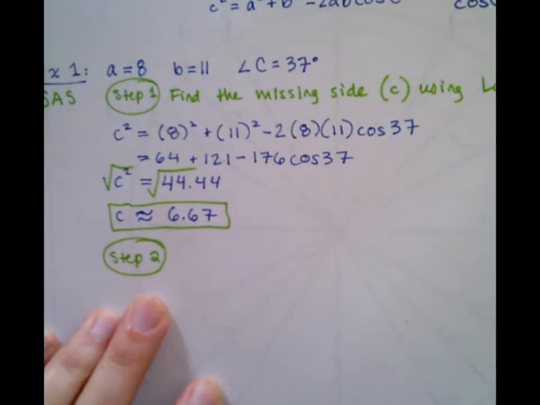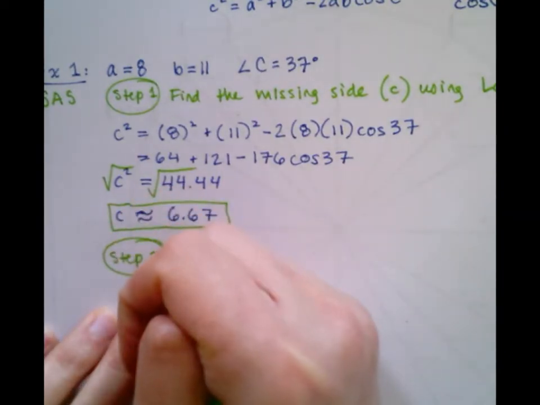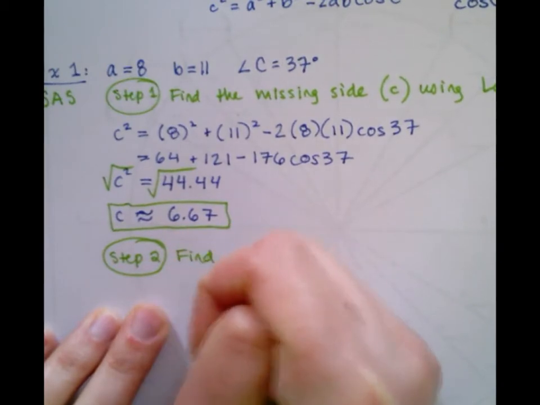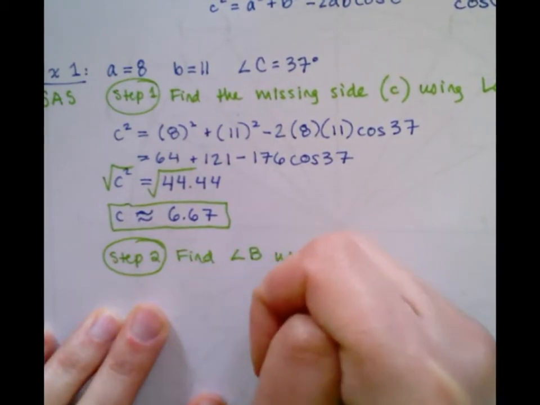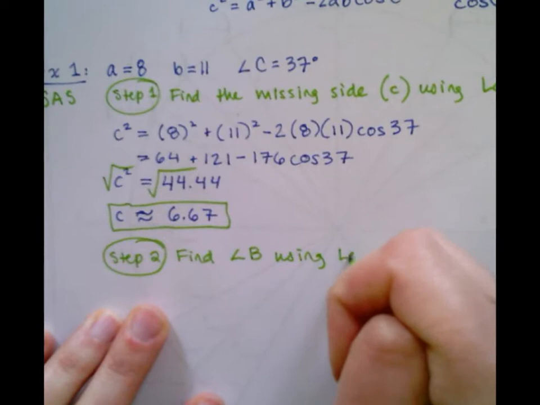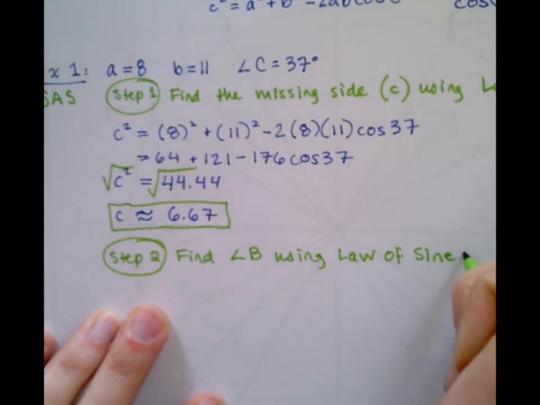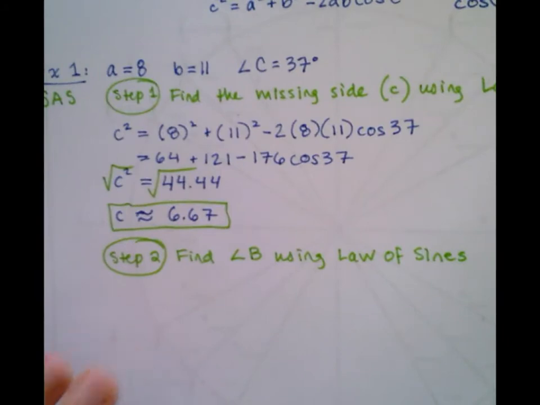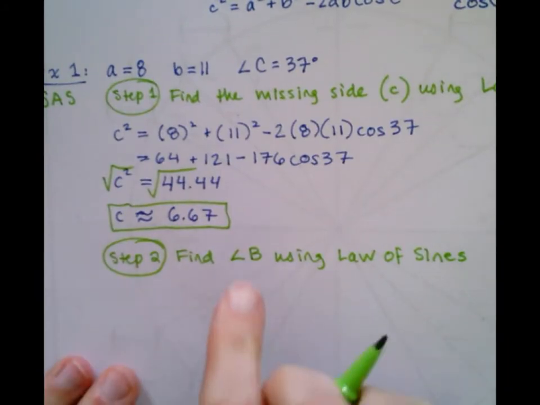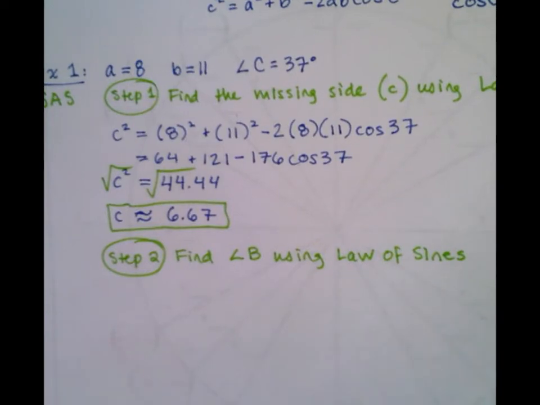It's an easier formula to remember. So we're going to find angle B using the law of sines. You could also use the law of cosines, but I think it's a little easier to set up the law of sines, because there are fewer things to plug in for.